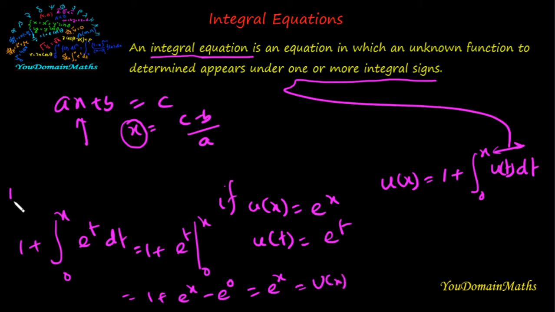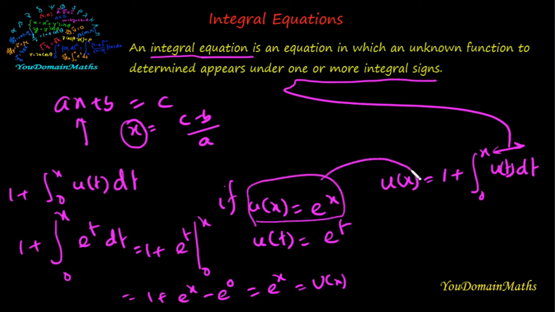So we can say that 1 plus the integral from 0 to x of u(t) dt equals u(x). So it is correct: u(x) = e^x is the solution of the integral equation. An interesting equation, the integral equation.